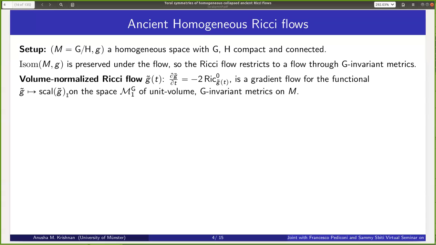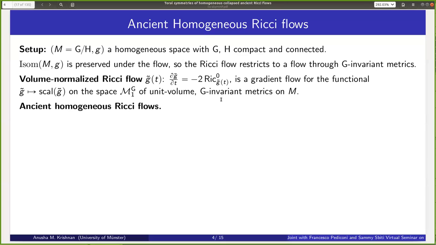You can imagine that critical points of this functional, which are Einstein metrics, and the search for them has something to do with studying the volume normalized Ricci flow in this space. And so the extensive structure theory developed while studying the search for homogeneous Einstein metrics also tells us something in the case of the Ricci flow.